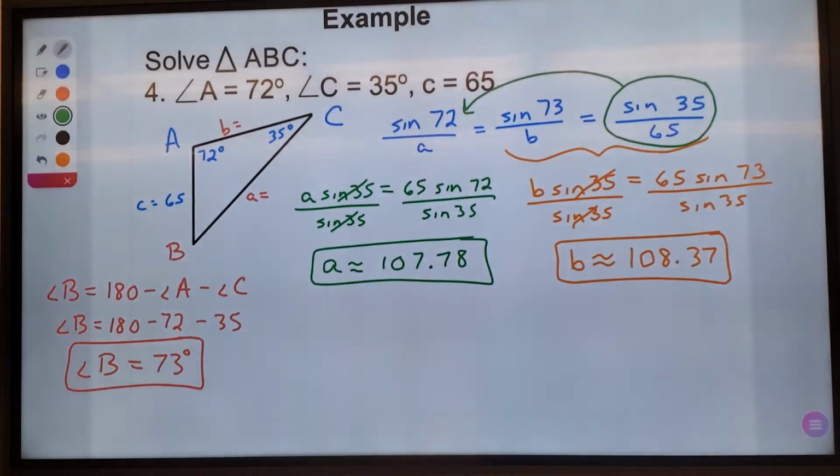And then side B, which is angle B, which is 73 degrees, is across from the largest side, which is 108.37. If you run into a case where you find values for things and your largest angle is not across from your largest side, or your smallest angle is not across from the smallest side, then your answer could be incorrect. So be conscious of that.